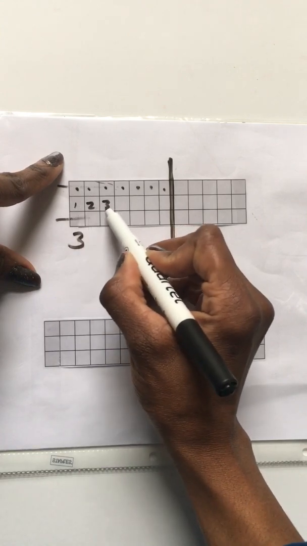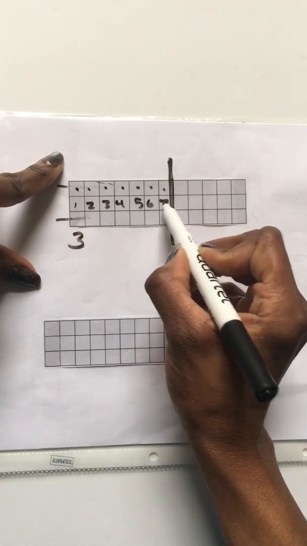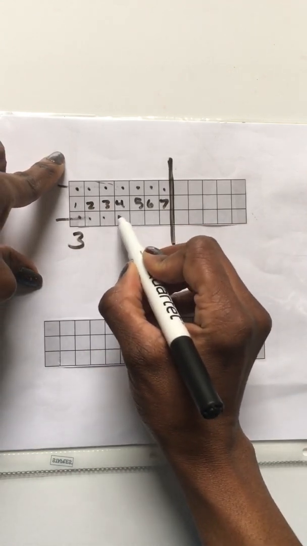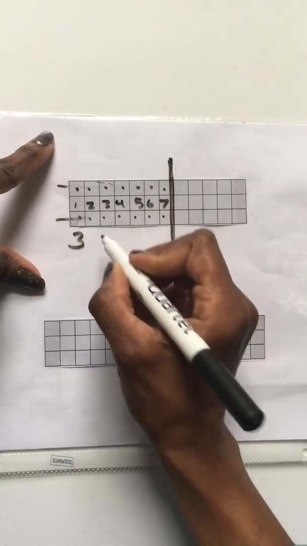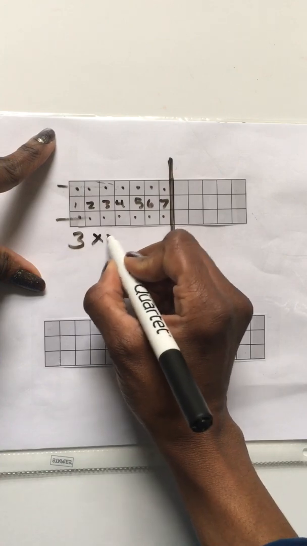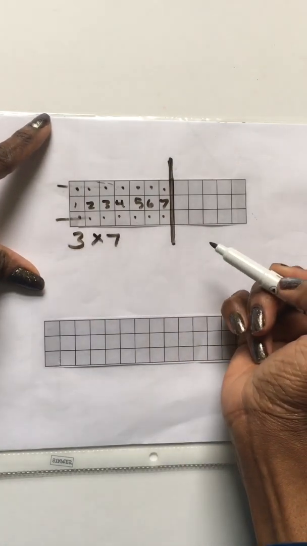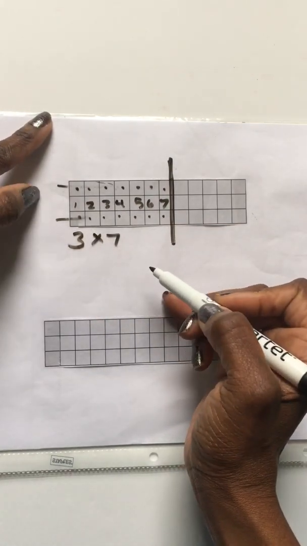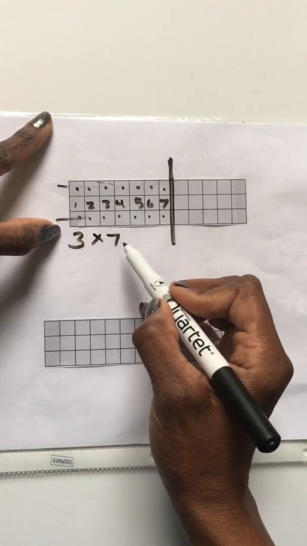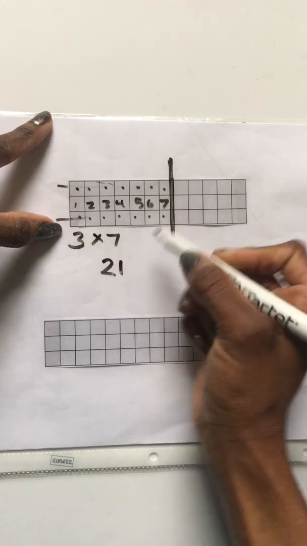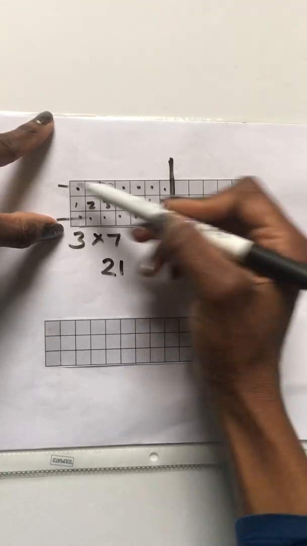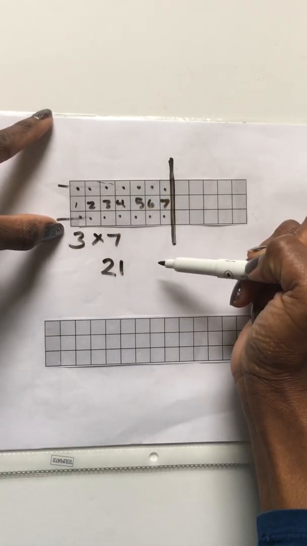There are 7 square units in each row. 3 times 7. That's my formula for area. Area equals 3 times 7, which is 21. So my first rectangle here has an area of 21 square units.